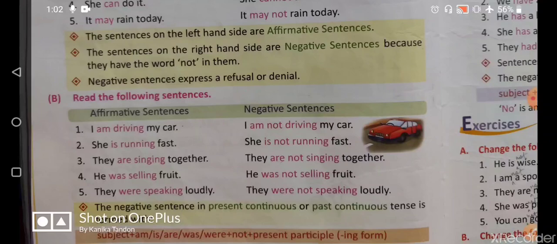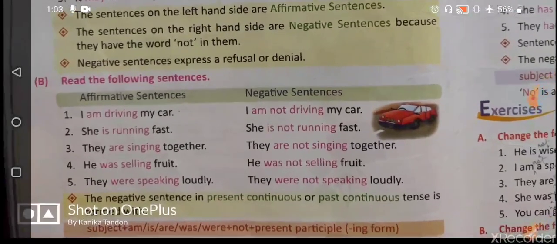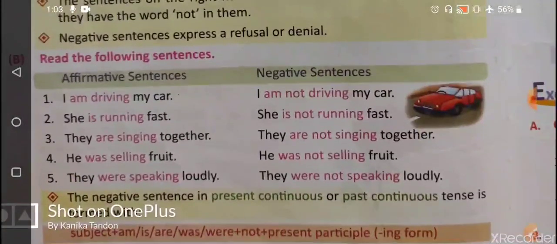We write subject, am, is, are or was, या were not plus present participle in the ing form. So what we have to do? We have to write the subject first. We have to write either is, are, am according to the subject.